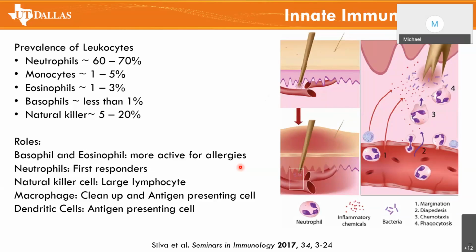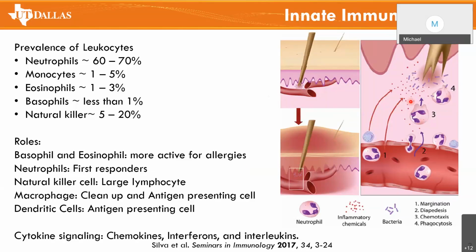Your tissue resident cells will then start to send out cytokines. These cytokines will then call immune cells through chemotaxis into that area so that they can start fighting the infection. Their role and goal is to control the spread of the pathogen and hopefully eliminate it.